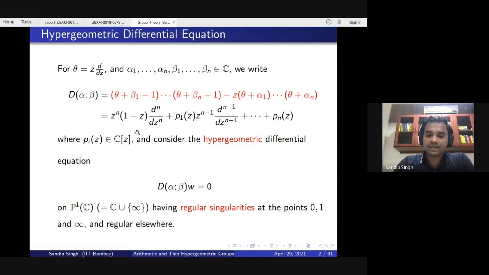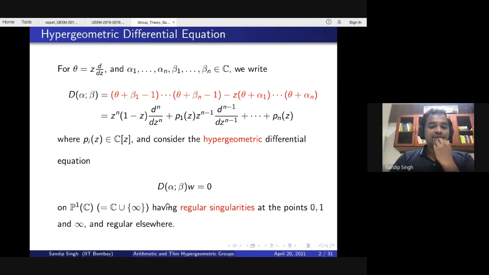Just by using the transformation z going to 1 by z, one can check easily that z equal to infinity is also a singular point for this equation. Those points 0, 1, and infinity are singular points, and even a bit more is true: those singularities are actually regular singularities for this equation.